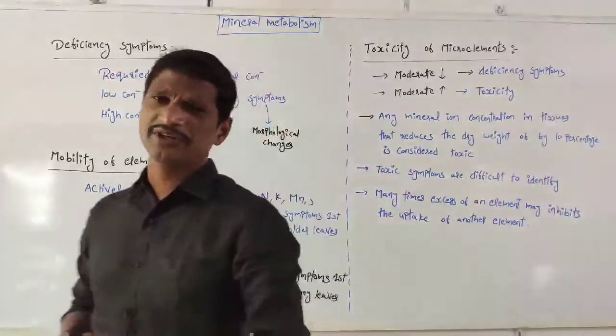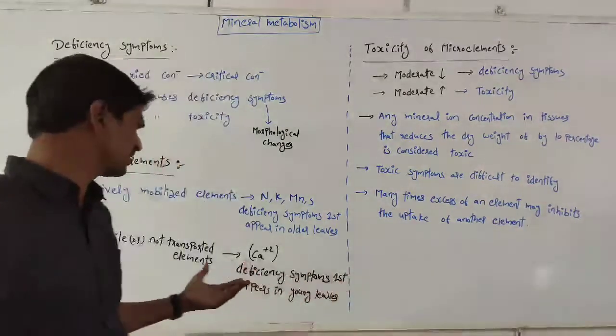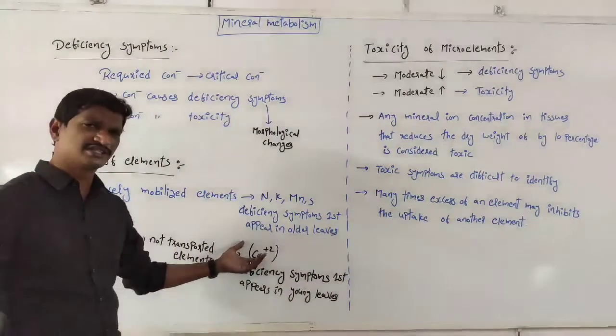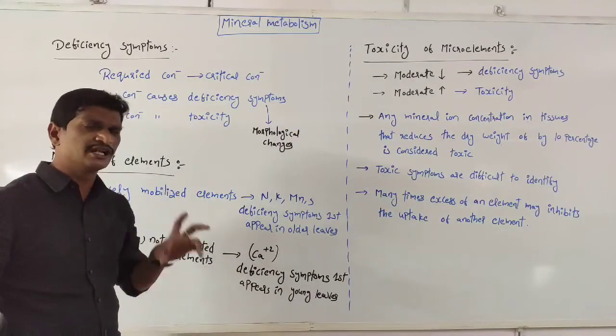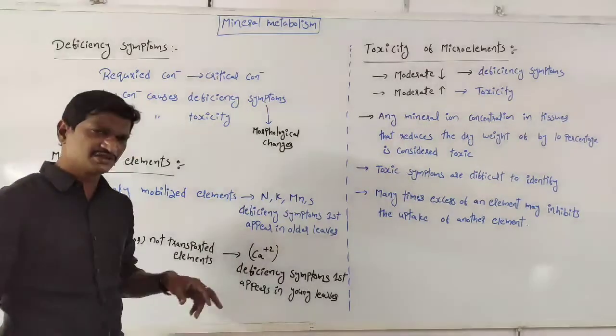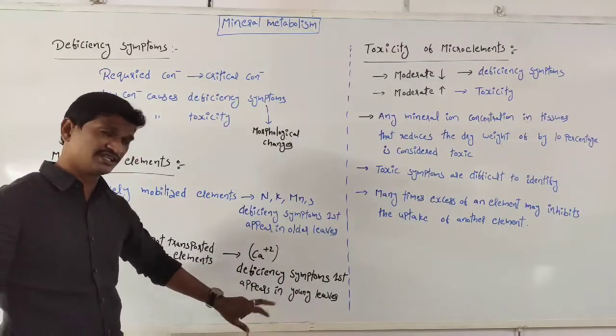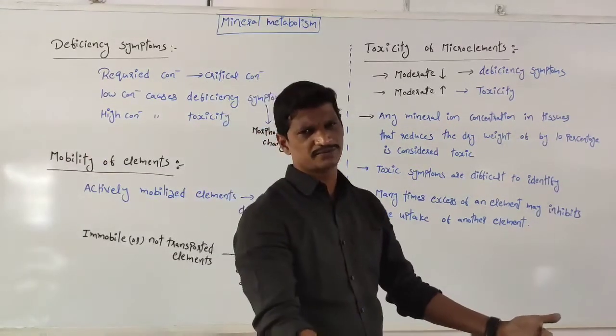And immobile elements are those which are not moving, not transported. The best example is calcium. Remember, calcium is an immobilized or non-transported element, and the deficiency symptoms appear first in young leaves because it is not transported from old leaves to new leaves.